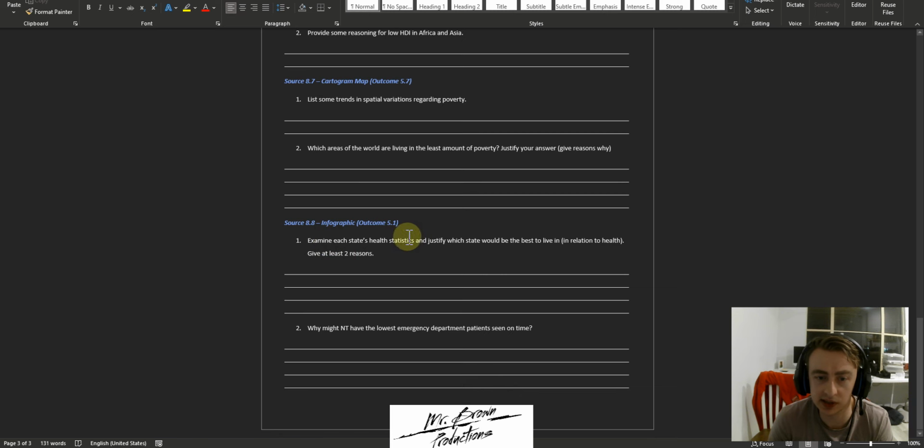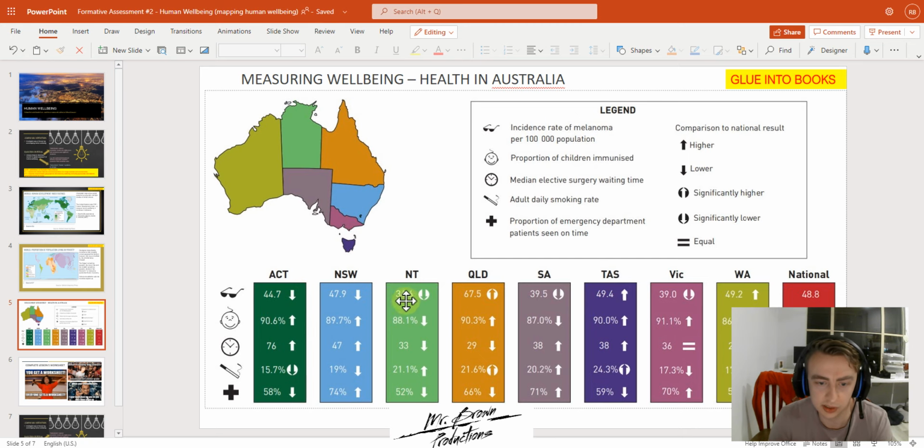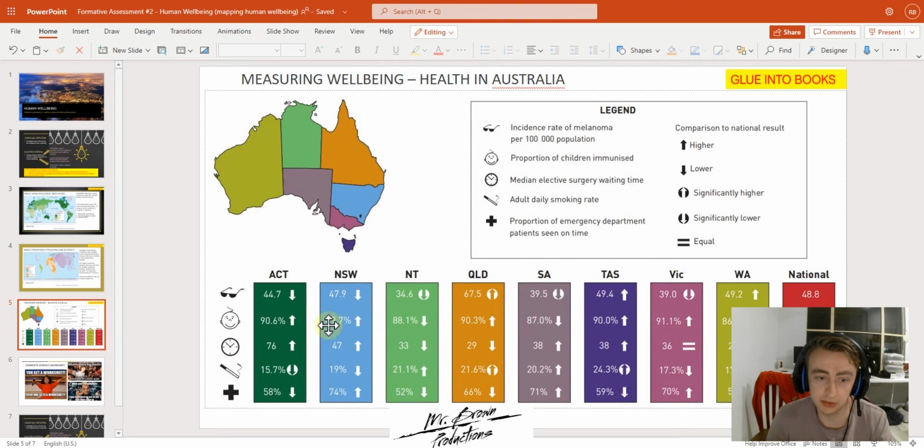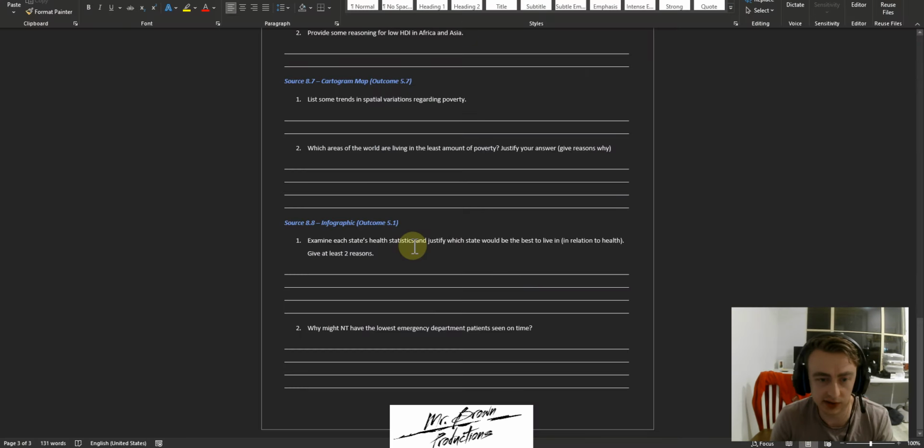So you're going to look at each state's health statistics across melanoma, proportion of children immunized, the median elective surgery, smoking, and proportion of emergency department patients seen on time. Justify then, so remember, justify means give reasons why, which state you think would be the best to live in. Okay, so you might refer to this graph. You might say this state has the least amount of people smoking. It also gets you seen as emergency patients on time, etc., etc.